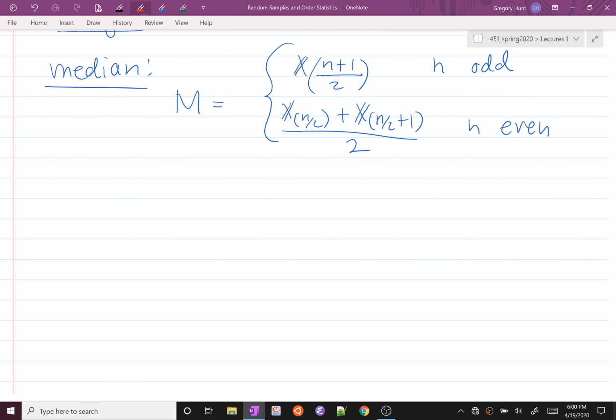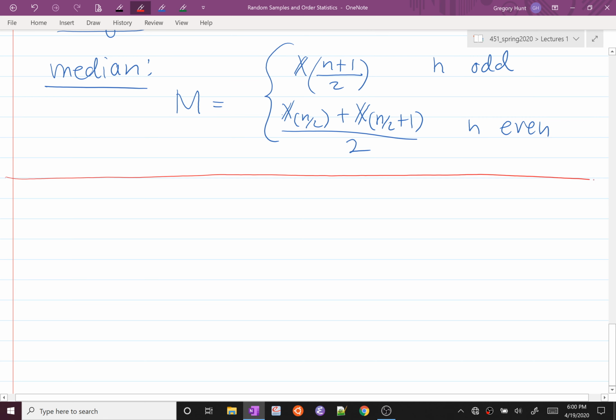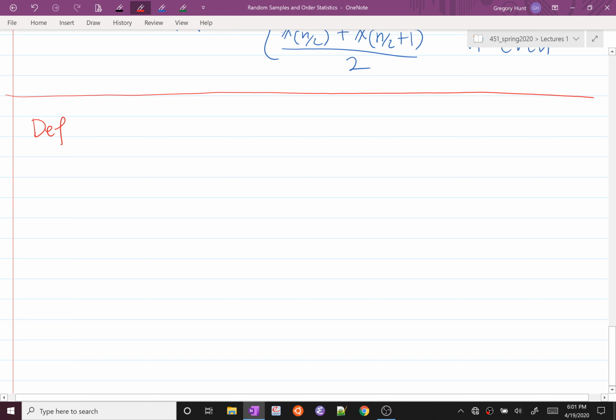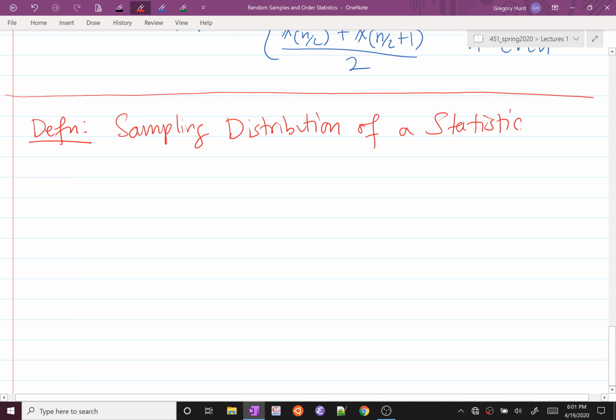And just to give you a little bit of a flavor of things we're interested in when we talk about statistics, we have something called a sampling distribution of a statistic. This word comes up all the time in an introductory statistics course. The sampling distribution of X bar, the sampling distribution of this and that.